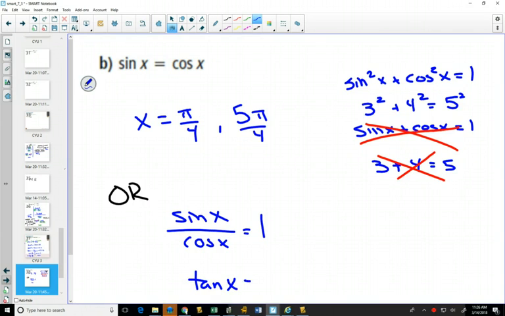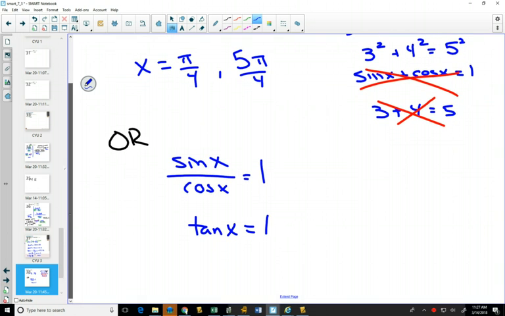Nice. And is tan ever 1 on your unit circle? Yes. What family is tan equal to 1 on your unit circle? Pi over 4 family. And tan is positive also in quadrant 3. Same answers as we got from before.